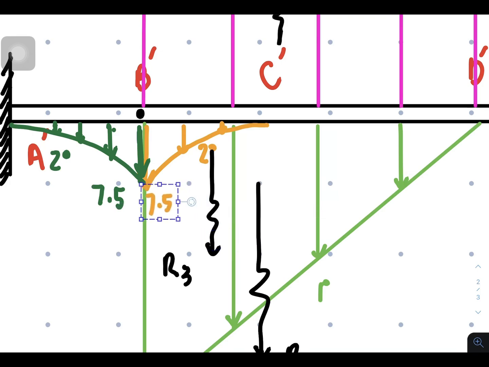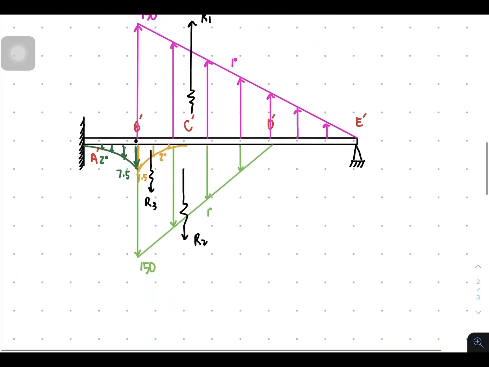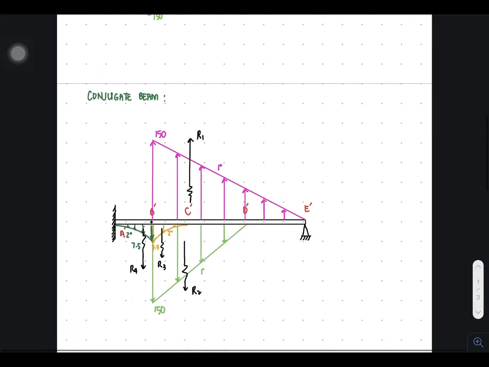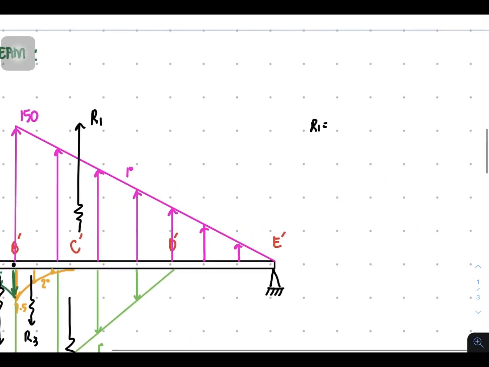This is 7.5, and then this one there for R3, and then we have this ataybalhin kadiyot here, and then we have the R4. So let's solve for the values of R1 hantod sa R4.